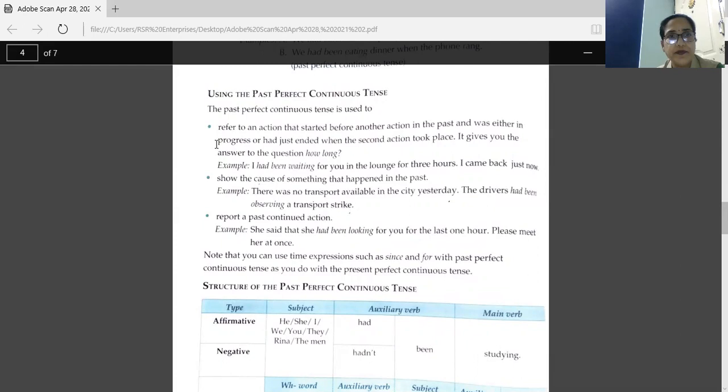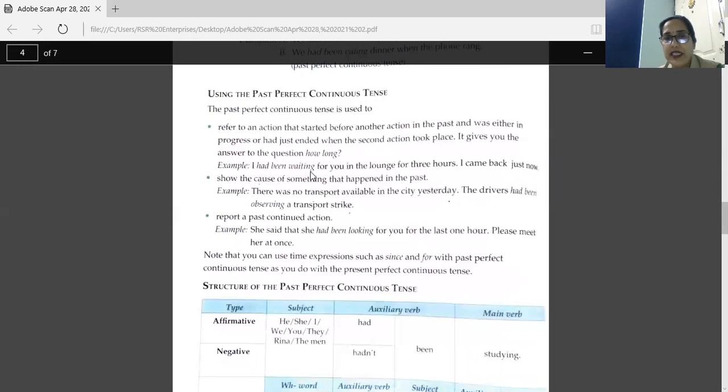First point, refer to an action that started before another action in the past and was either in progress or it just ended when the second action took place. It gives you the answer to the question, how long?